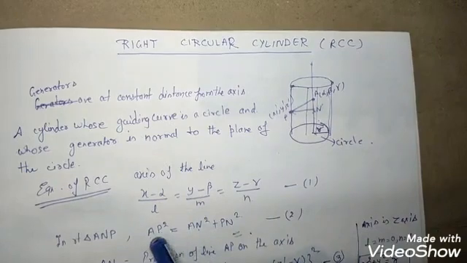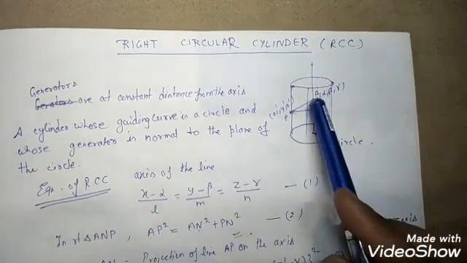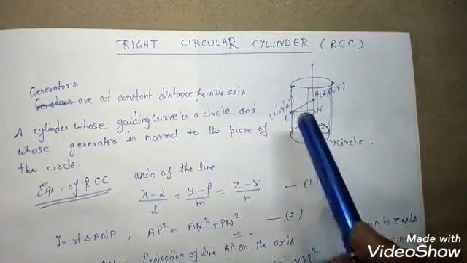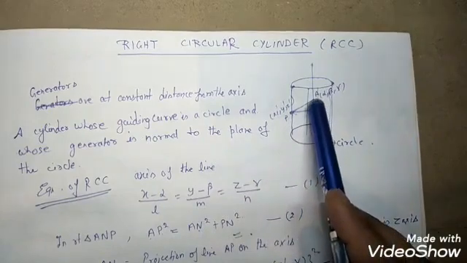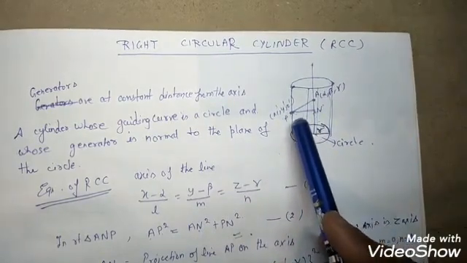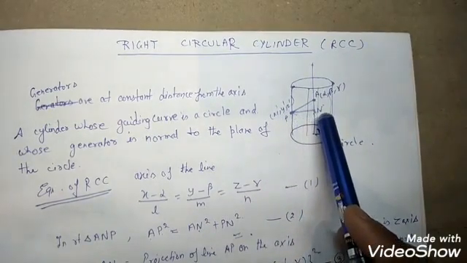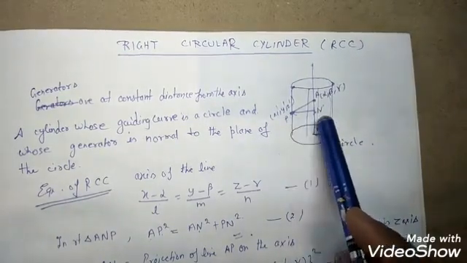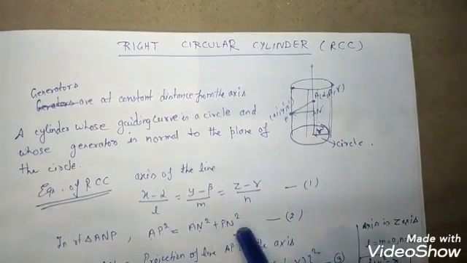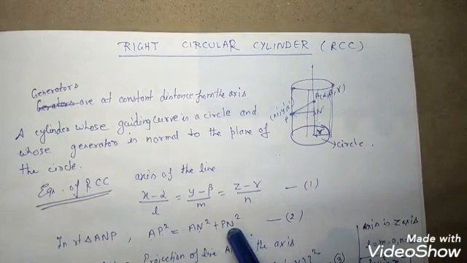In this figure, AP is the distance between the 2 points A and P, AN is the projection of the line AP on the axis, and PN will be the radius of the cylinder.